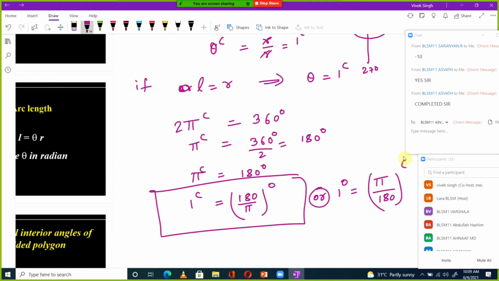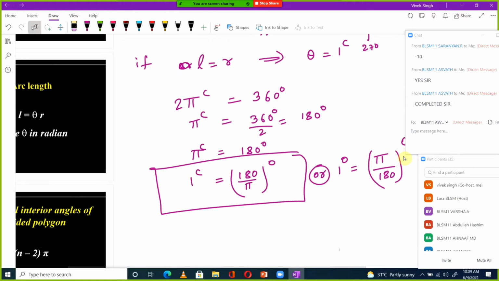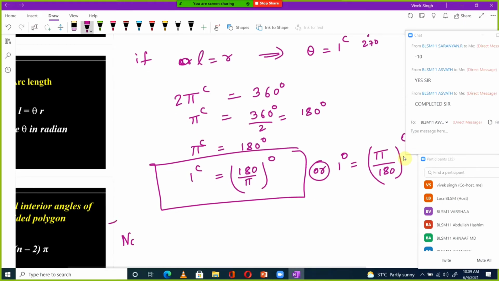So if you want to convert degree to radian, you have to multiply by pi by 180. Let me write a note here.